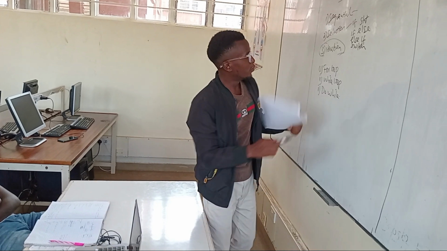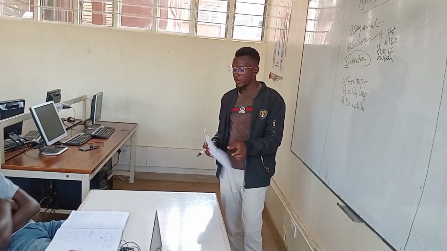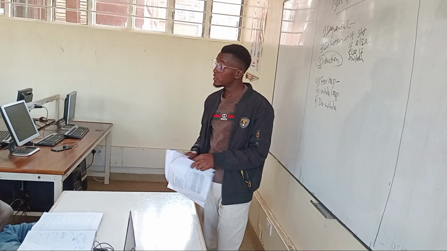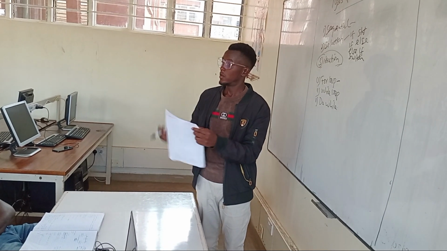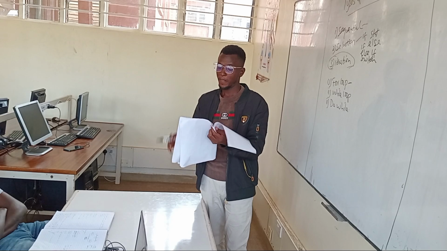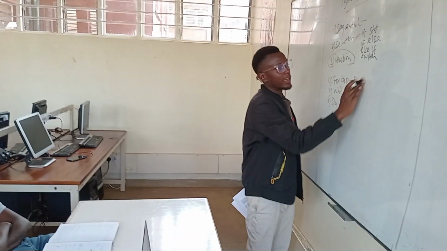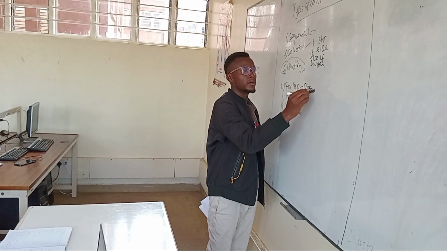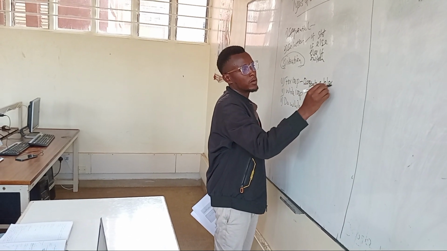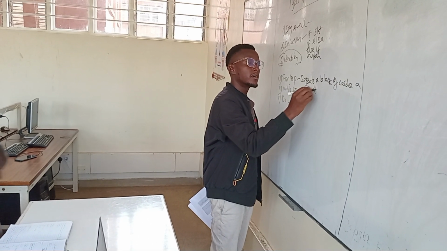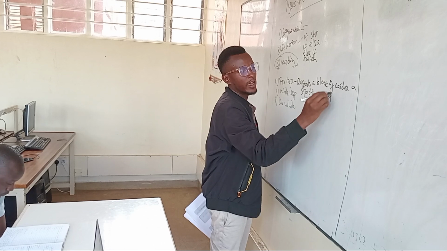So for loop, we can say these are structures that allow a type of looping that repeats a block of code a specific number of times.